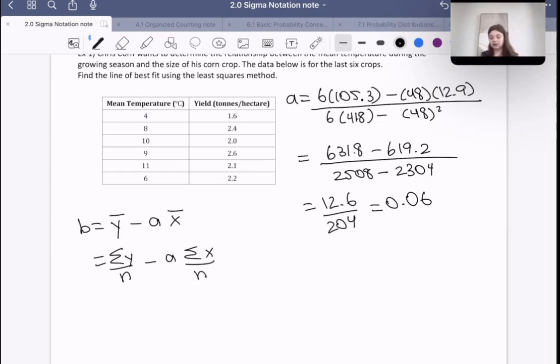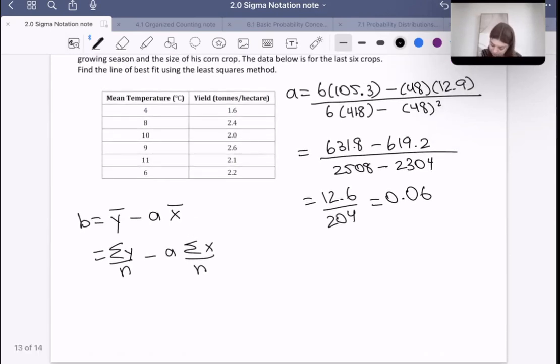That's how we find the average. That's something we probably already knew even before attending this class. And that's going to be, in this case, 12.9 over 6 minus a, which we can plug in. It's going to be 0.06. We already know that.